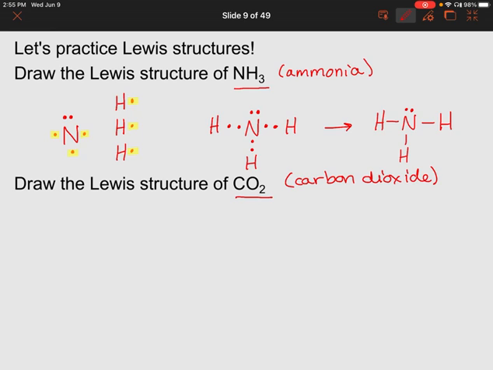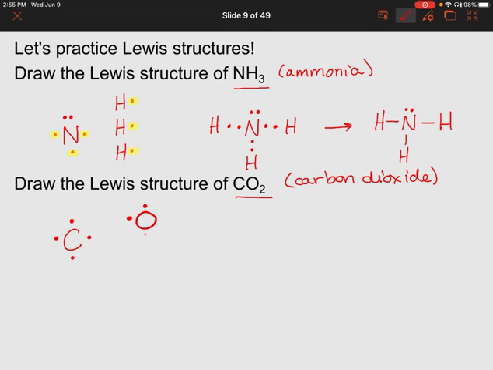Okay, so let's do the same for carbon dioxide. So we have a carbon atom with 4 valence electrons. What about oxygen? How many valence electrons does oxygen have? 6.